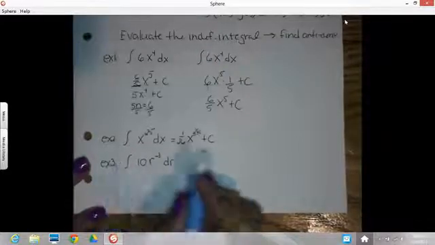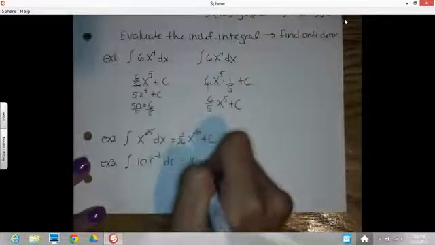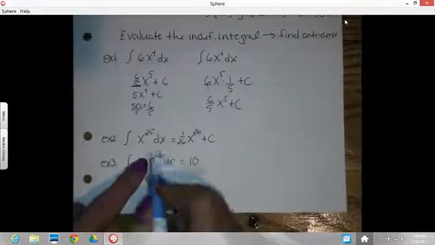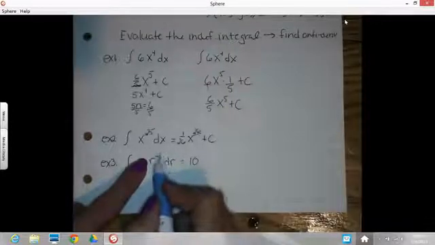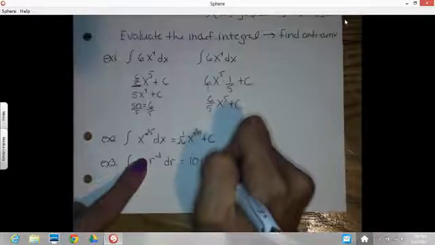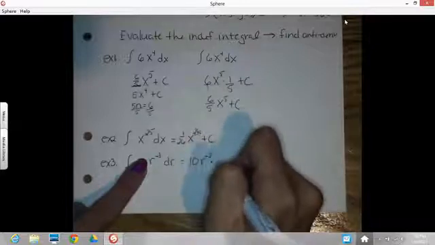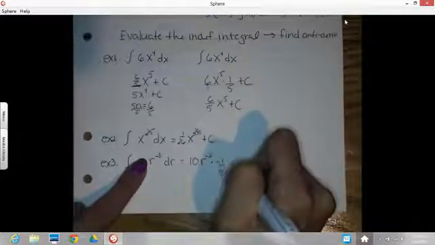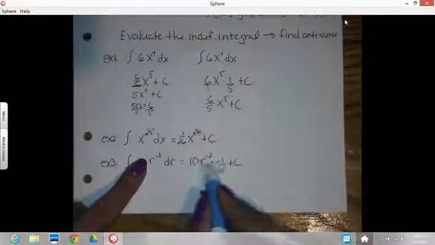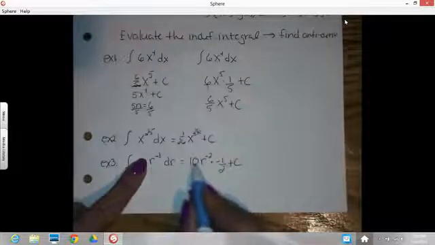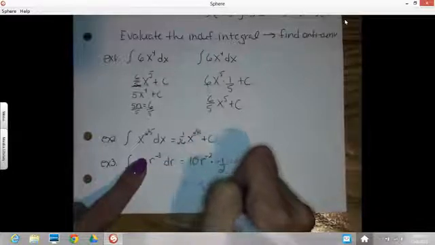Just carry it along, 10, and then times this antiderivative. The rule is add 1. Adding 1 to -3 is -2. Then multiply by the reciprocal of -2, that's -1/2, plus c. And then this is all multiplied here, so my 10 and my negative 1/2 do combine. And we get negative 5 r to the negative 2 plus c.